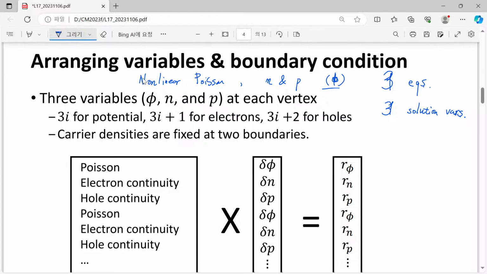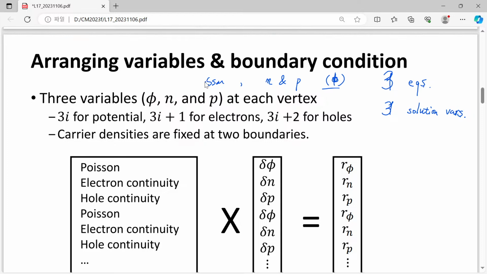Of course, we have already considered this kind of multi-variable case when we considered process simulation, but let me give a concrete way to arrange these variables. We have to solve three variables at each vertex: electrostatic potential, electron density, and hole density.